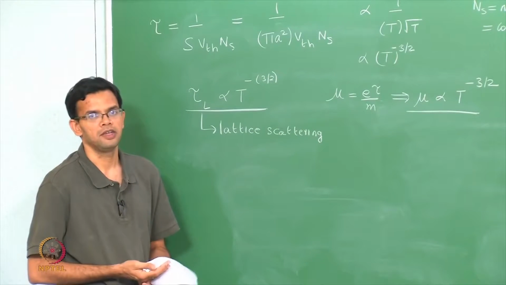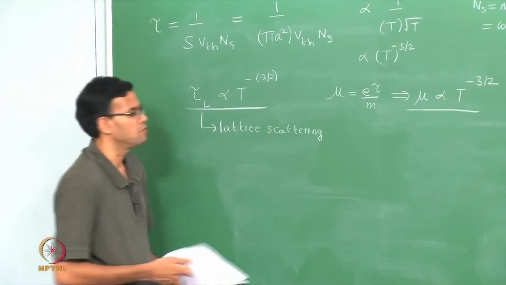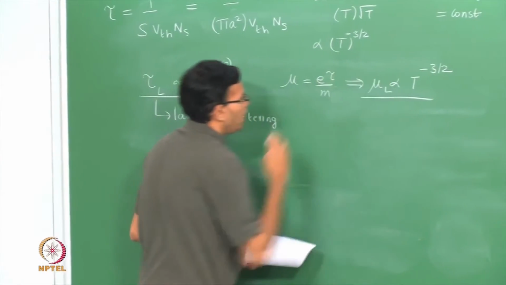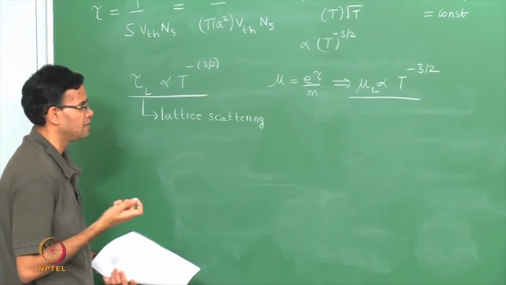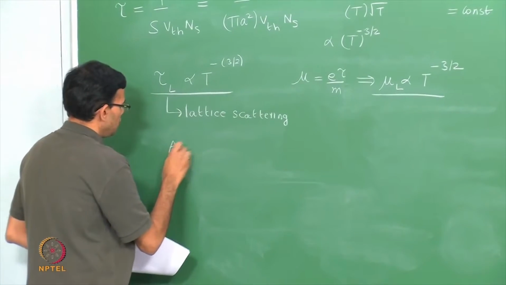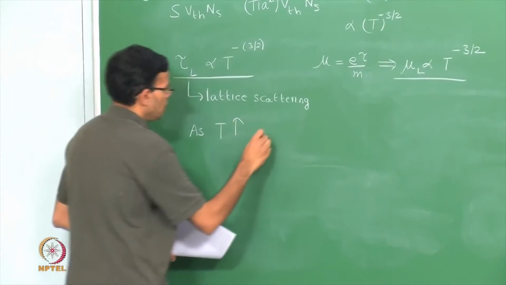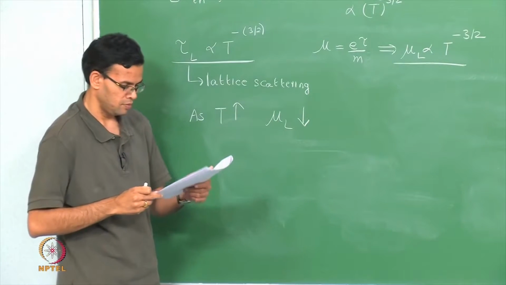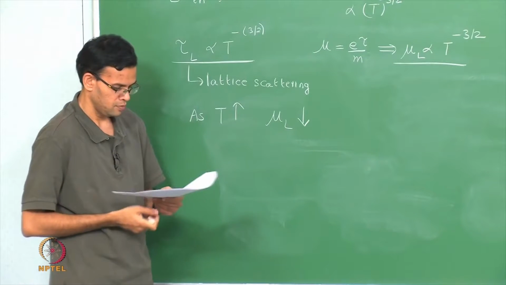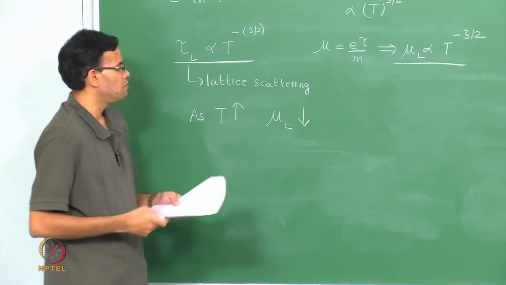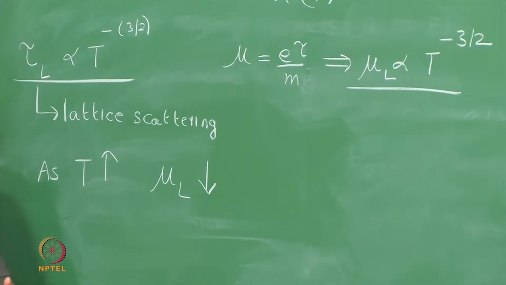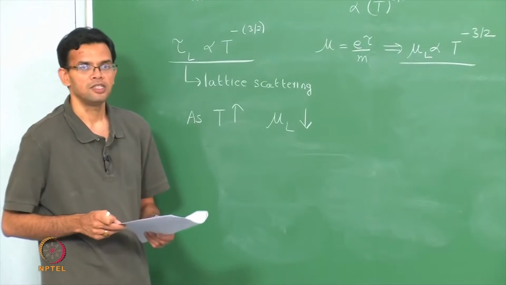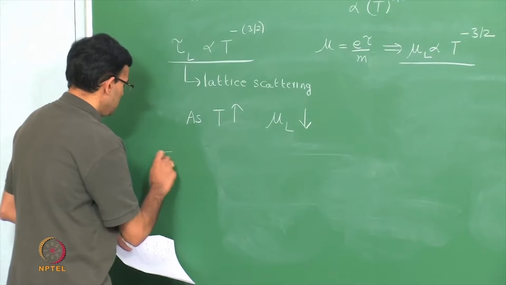So, there is more scattering, and hence the mobility will go down. So, I will write this as mu L to denote that it is due to lattice scattering. So, as temperature increases, mu L will decrease. This makes sense because as temperature increases, you have greater lattice vibrations, and also you have electrons that are traveling faster.